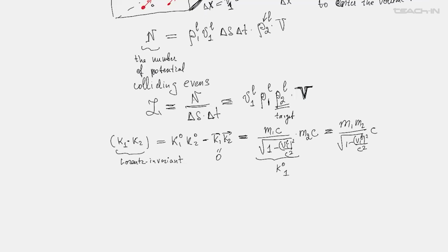And this is a quantity which is Lorentz invariant on the left-hand side, and I can use this formula in order to express V1 in the laboratory frame. Solving this equation, you can find V1 in the laboratory frame as c times the square root of (K1 K2)² minus M1² M2², divided by K1 K2.